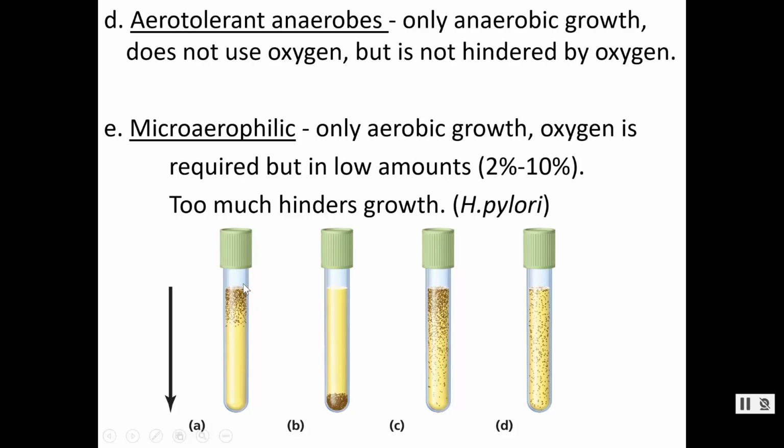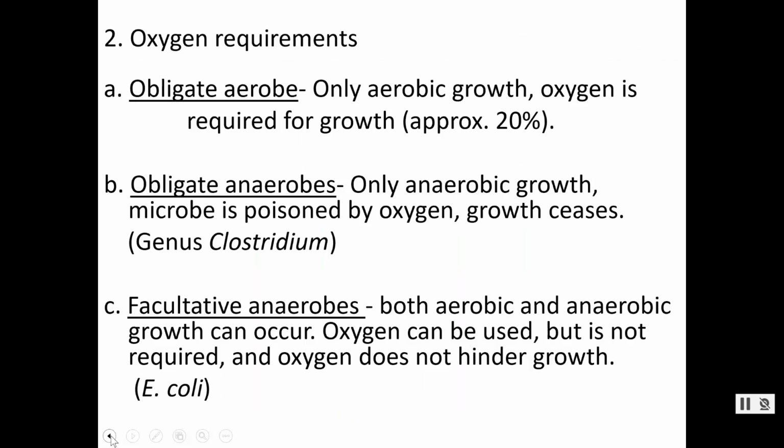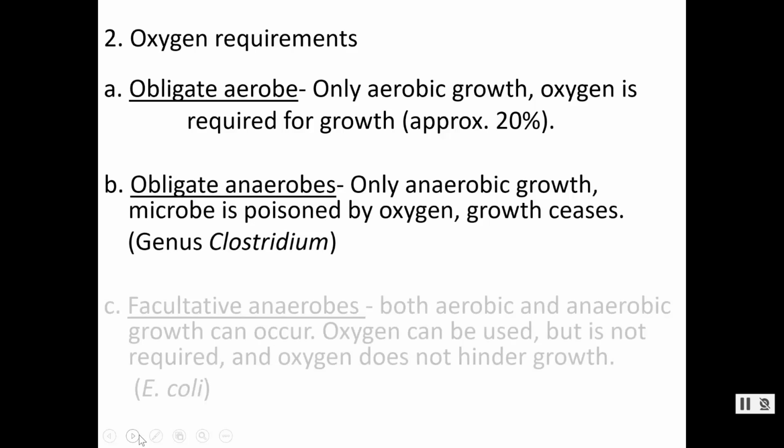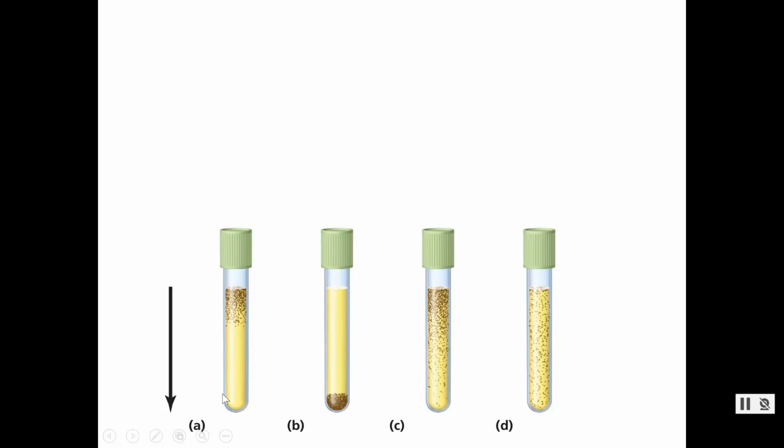Let's check ourselves here. Here we see growth patterns where we have lots of organisms growing at the top and nothing here at the bottom. What did you label that one? That one is an obligate aerobe. Only aerobic growth, oxygen is required, and we need a good bit of oxygen, right? That 20%. So you can see in those tubes that you don't get growth at these low levels.